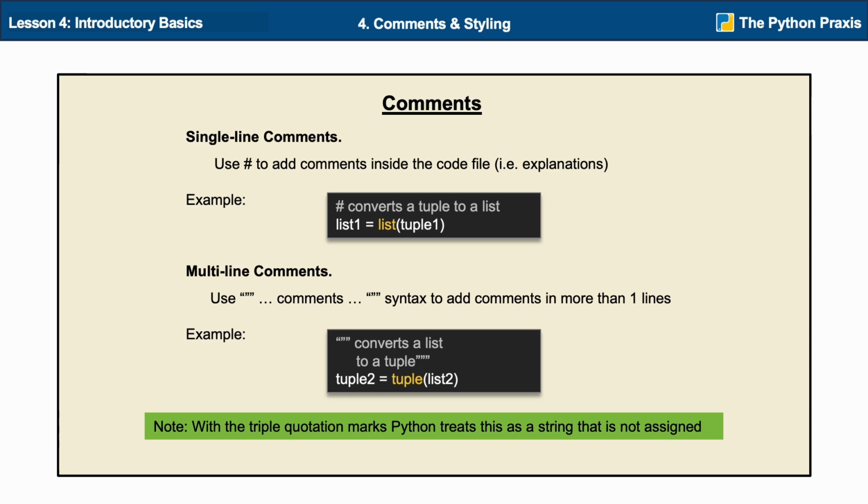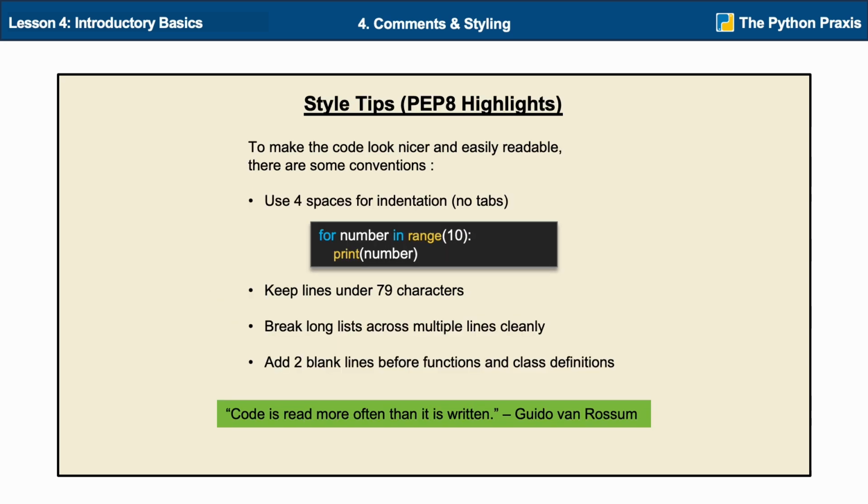Actually, with the triple quotes, Python treats this as a string that is not assigned. An example of a single-line comment is hash, converts a tuple to a list, and a multi-line comment is triple quote, converts a list to a tuple, triple quote. Comments are your way of saying, hey future me, this is what I meant.